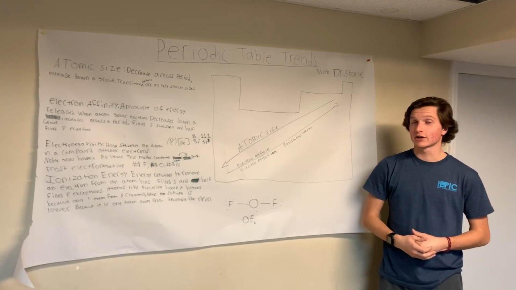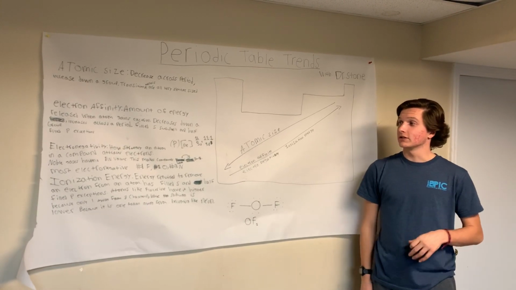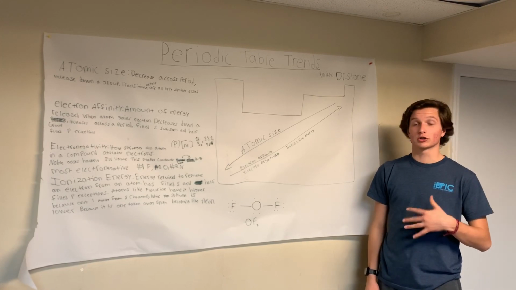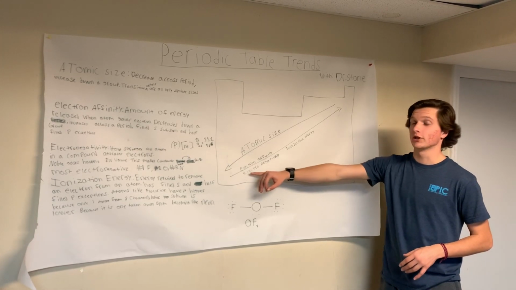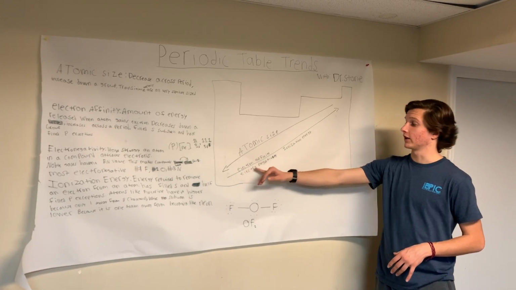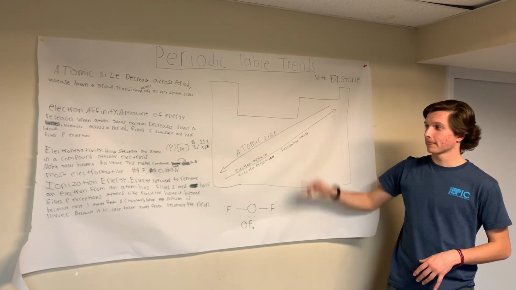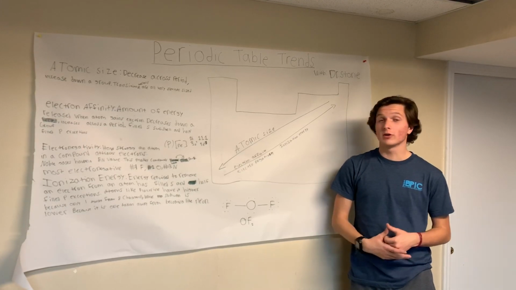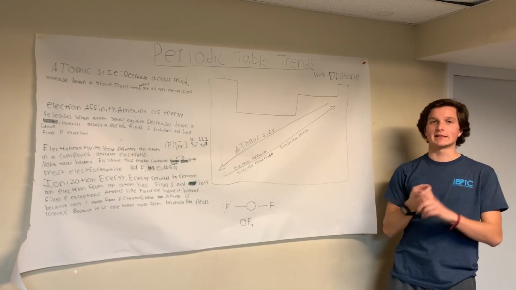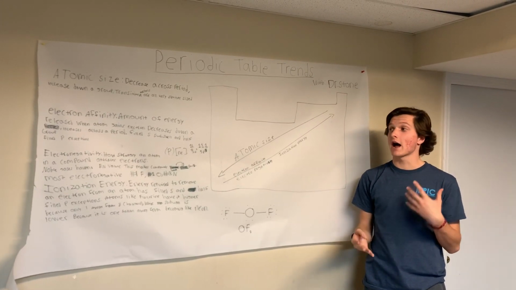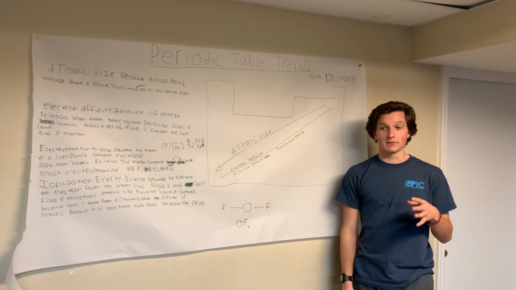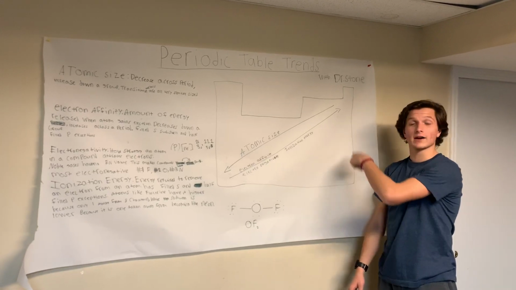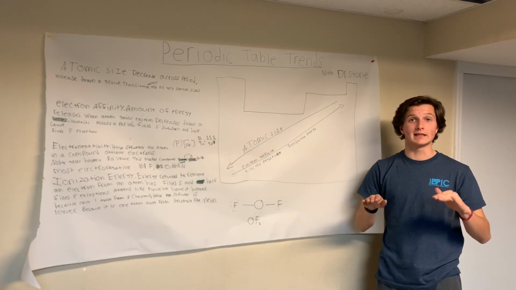Now, next is electronegativity, which is how strongly an atom in a compound attracts electrons. Another note to make about this, electronegativity goes in the same way that electron affinity does. And noble gases over here, so stuff like xenon and radon, do not have electronegativity values because they have a full octet filled, which means they're completely stable.